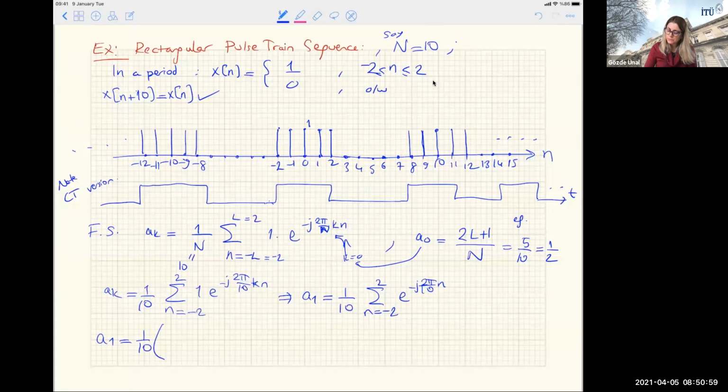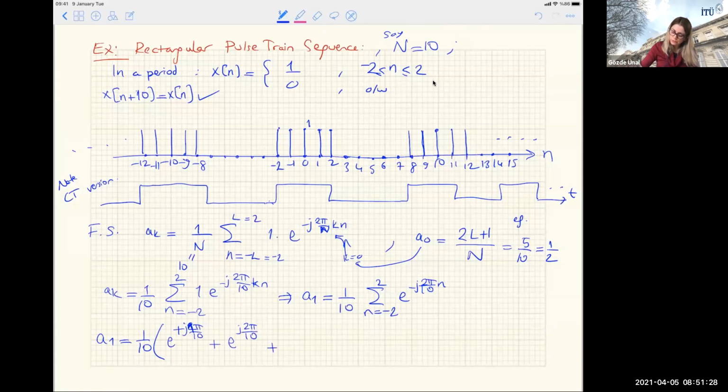Let me sum this up. Minus 2, e to the, this is 4 pi, so plus 4 pi over 10. Plus e to the n minus 1, e to the j 2 pi over 10, plus, right?